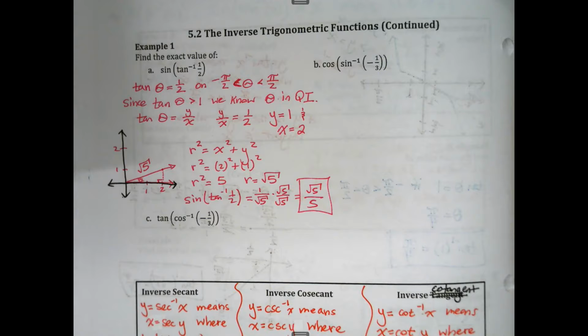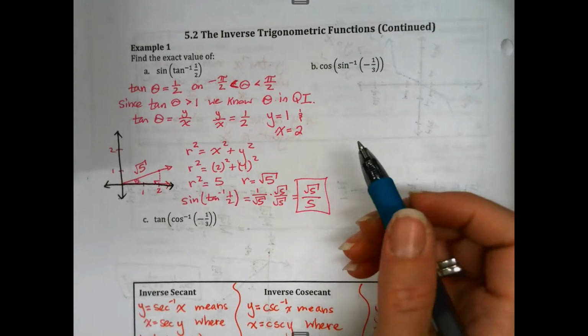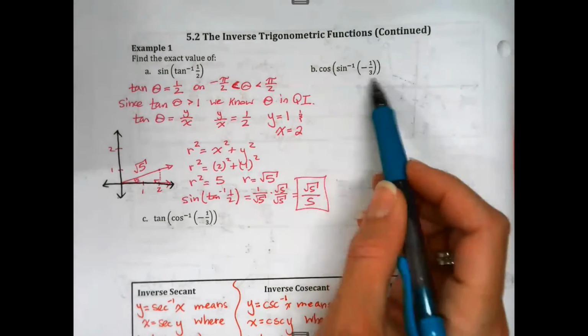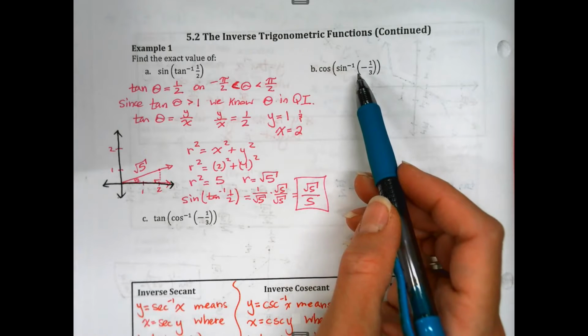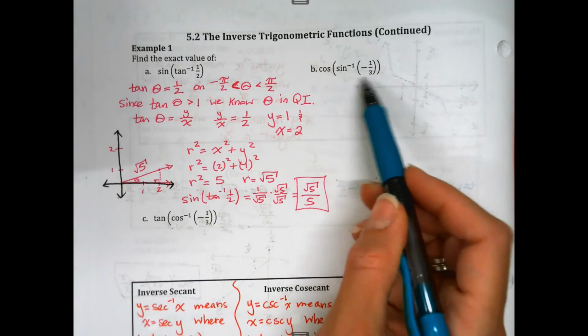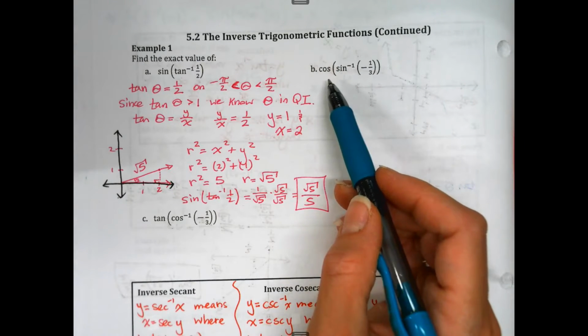Example B. So again, we're going to have to evaluate the inside function before we can evaluate the outside function. And once we have evaluated this inside function, then we can substitute whatever that value is into the outside function to solve it.